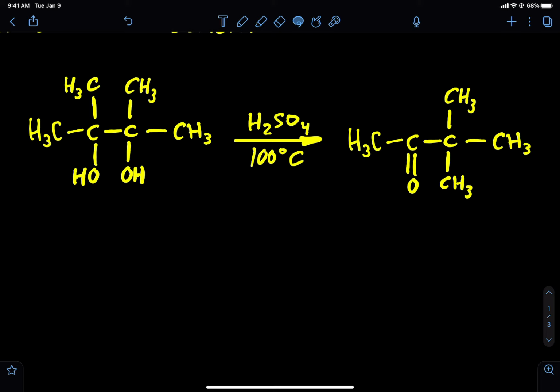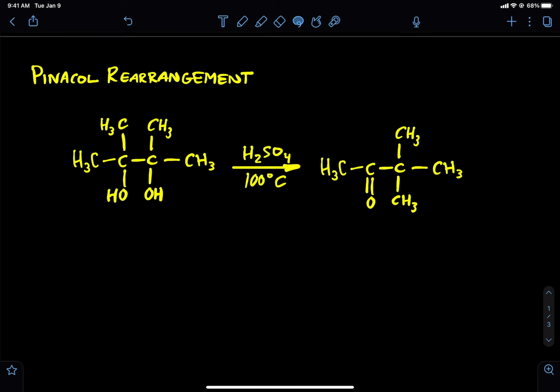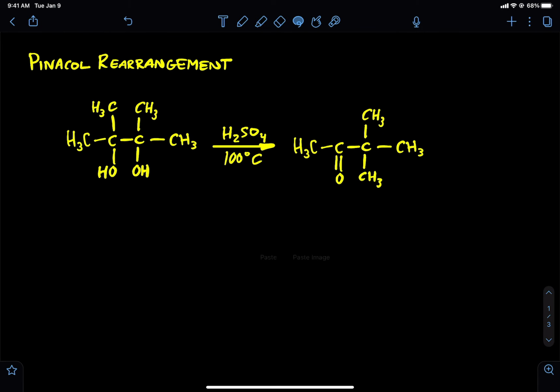In fact, if you've studied just a handful of mechanisms at this point, you will probably understand all of the steps in the Pinacol rearrangement, and you will be able to figure out the transformation on your own. You can kind of follow your nose. Every step in the transformation is logical and follows by necessity from the previous step.